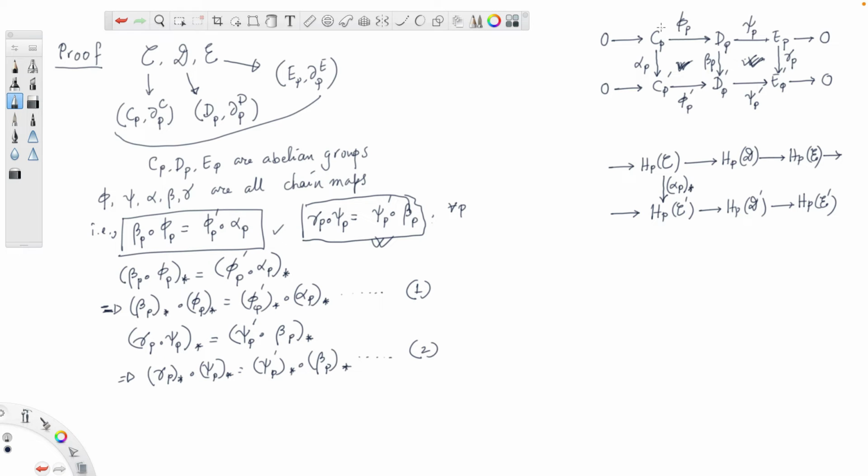So at the level of chain groups, we have this map alpha p, which is also a homomorphism, alpha p from Cp to Cp prime, and we'll see later in detail that chain maps induce homomorphisms at the level of homology groups, and that induced homomorphism in this case is denoted by alpha p star. So similarly, we have beta p star, and we have gamma p star, right?